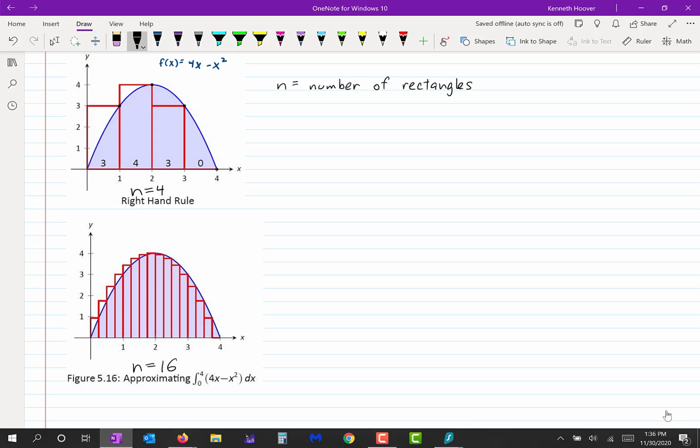Let's put x sub i as the right-hand endpoint of the ith interval.